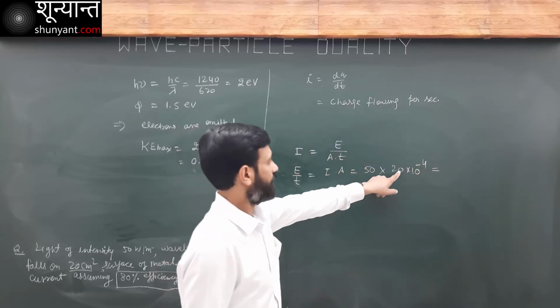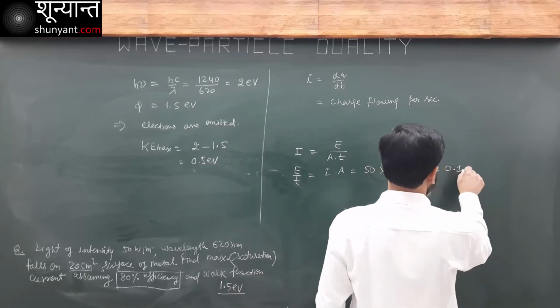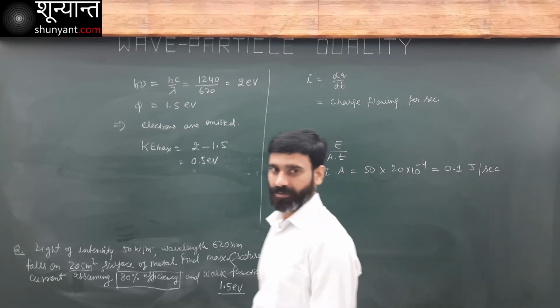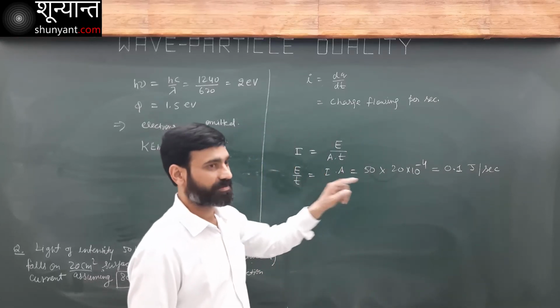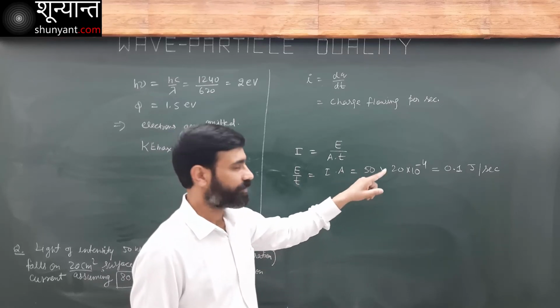What does it become? 1000 into 0.1. This is 0.1 joule per second. What is this? This is energy received by the surface per second. In 1 second, the surface is receiving 0.1 joule.